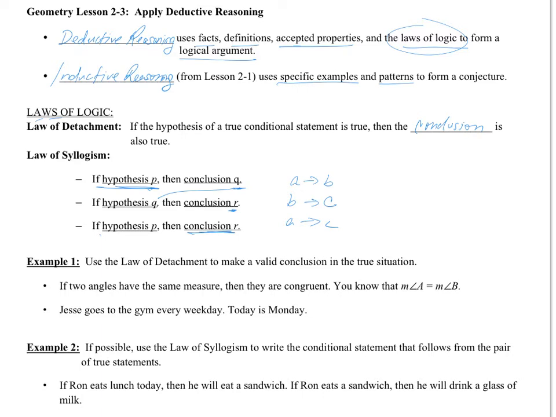Let's look at example 1. Use the law of detachment to make a valid conclusion in the true situation. If two angles have the same measure, then they are congruent. And you know that measure angle A is equal to measure angle B. Then we can say angle A is congruent to angle B. Please pay attention to how I am reading these sentences.